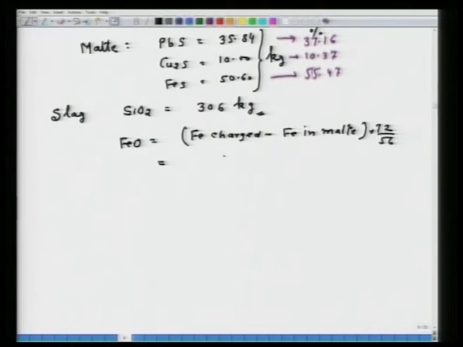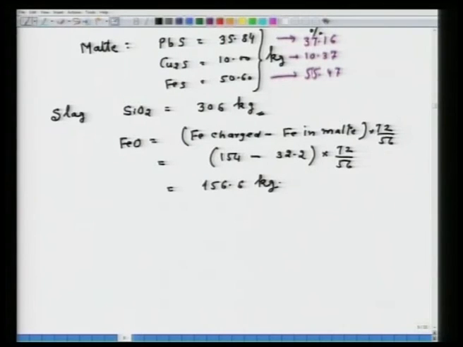So, iron charge is 154 kg minus 32.2 into 72 by 56. So, the amount of FeO will be equal to 156.6 kg.